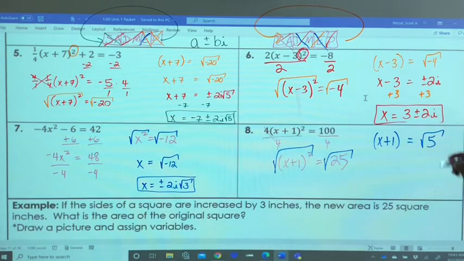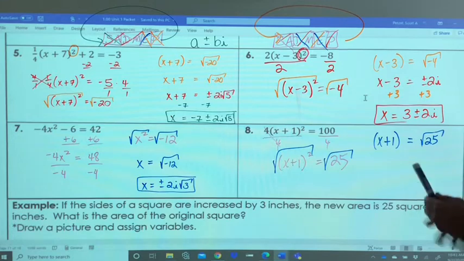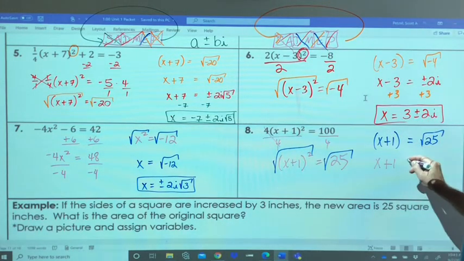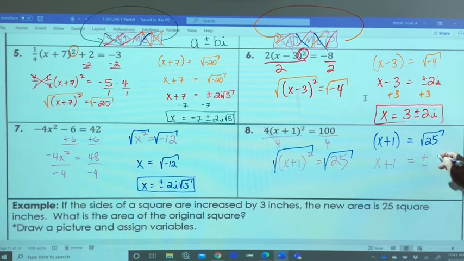This one's going to, square root of 25. What did I do there? Get rid of my parentheses all at the same time. Positive, negative 5. Little bit different feel for this one now.